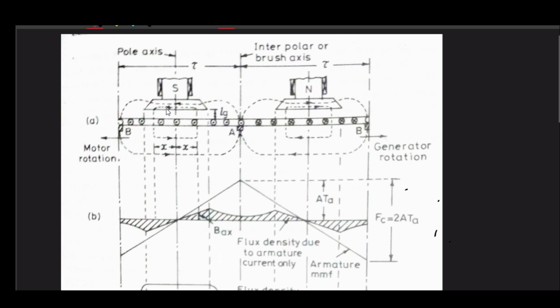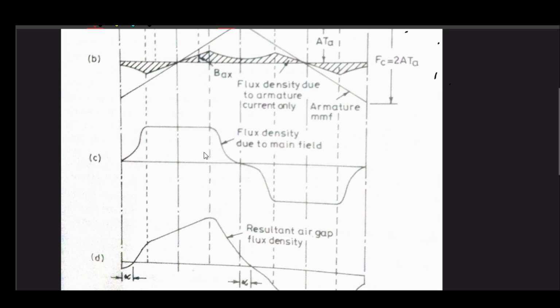Otherwise, we will get this kind of field. Although this is not relevant, let me tell you, this is 0 to 2 pi, and this is a non-sinusoidal periodic wave. So you can break it into a series, having half wave symmetry.